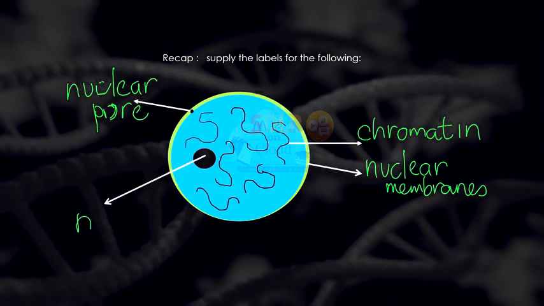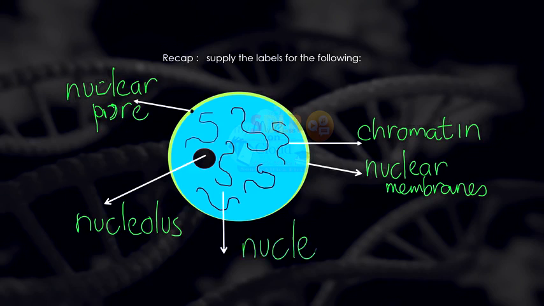And the denser structure within the nucleus would then be your nucleolus. Everything inside the nucleus that is indicated in blue would then be nucleoplasm.